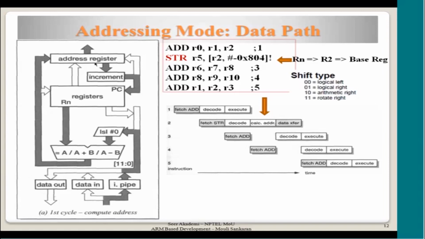Because the instruction says I need to modify the value of R2, after the offset is computed and added with the base register, if it has been written into R2, the old value of R2 is now overwritten. Now suppose a data abort happens. The processor has to restart this instruction after the corrective action is taken.